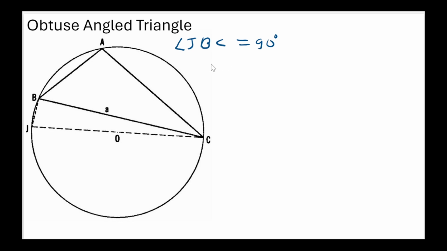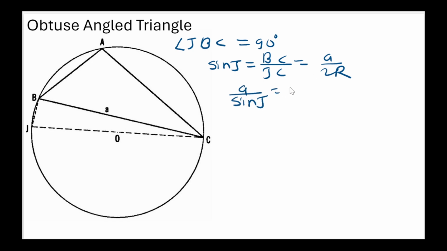Applying the sine rule here, we can write sine J is equal to BC divided by JC, that is equal to a divided by 2R. So a upon sine J is equal to 2R.